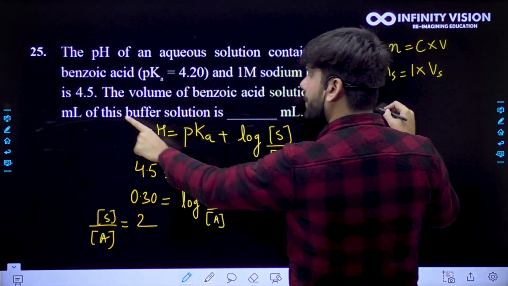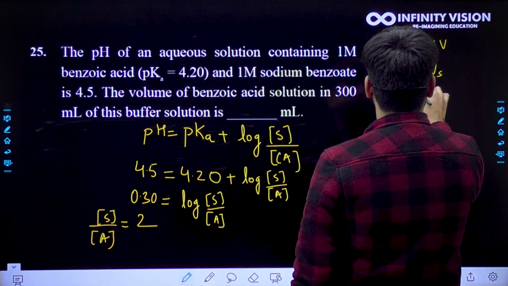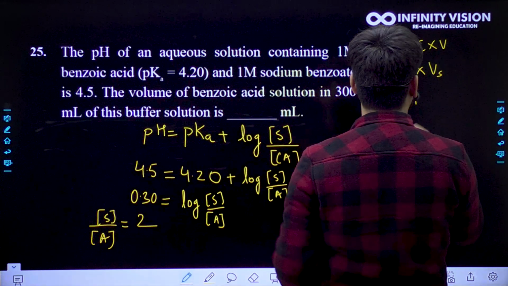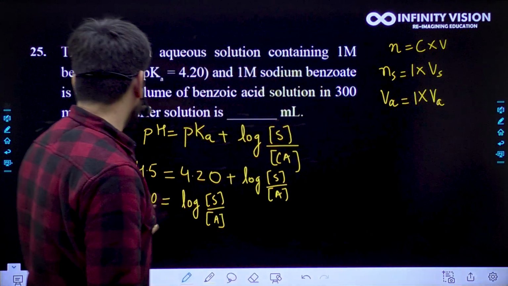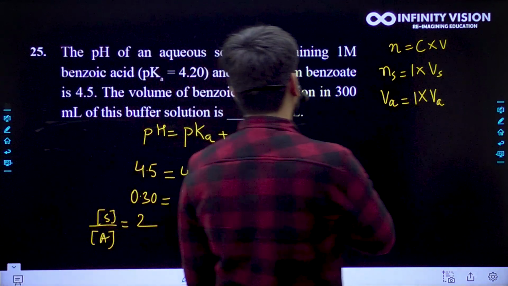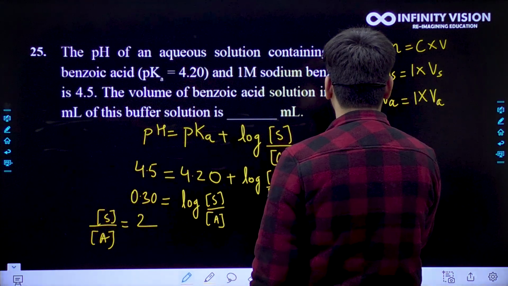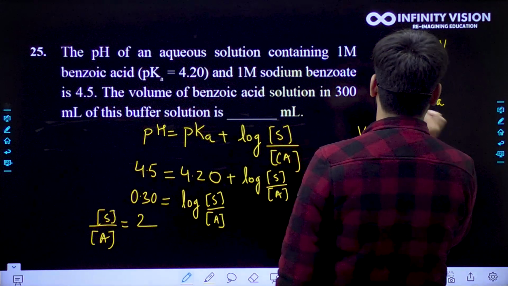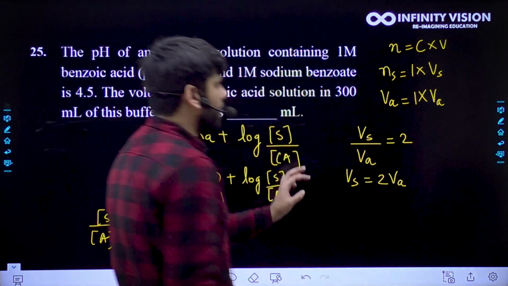And for Va, that is the acid, we can write again the concentration is 1 molar, and let's say the volume is Va. So salt upon acid, I can also write this as volume of salt upon volume of acid is equal to 2. And now volume of salt is equal to 2 into volume of acid.